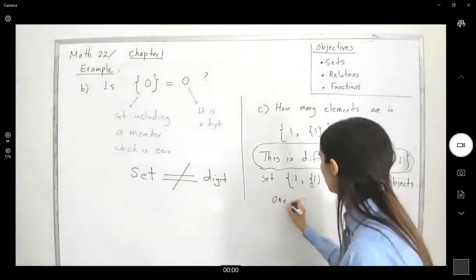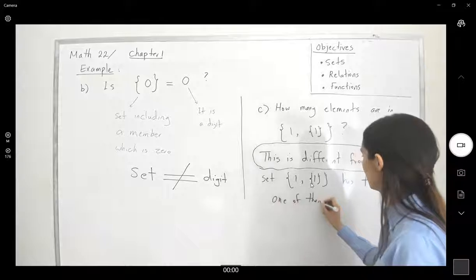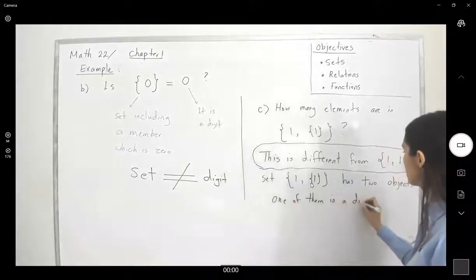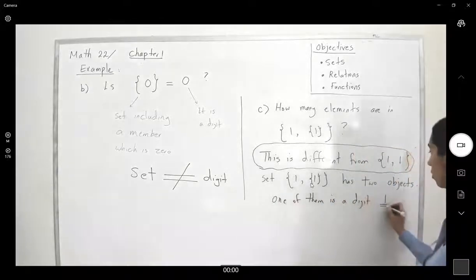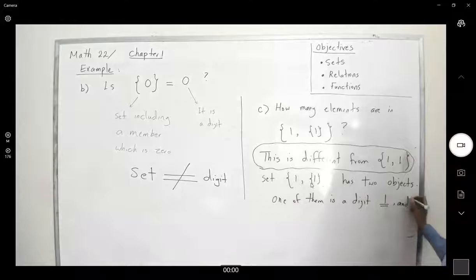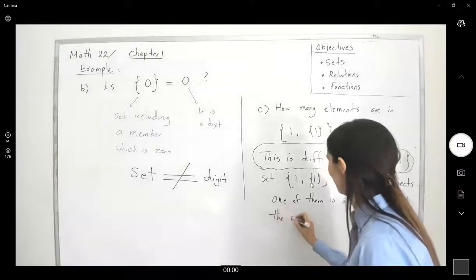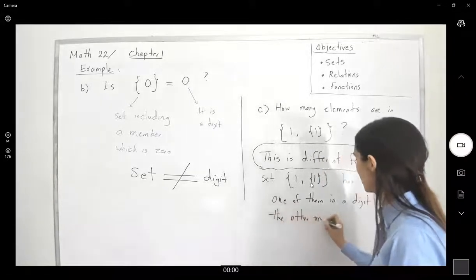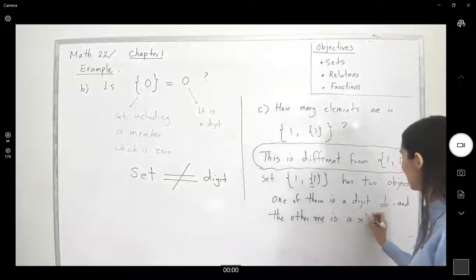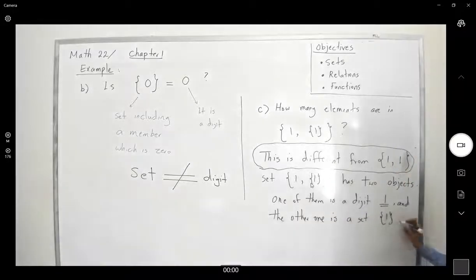One of them is a digit, which is 1, and the other one is a set including 1.